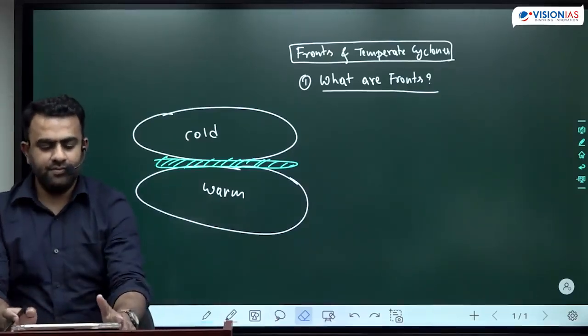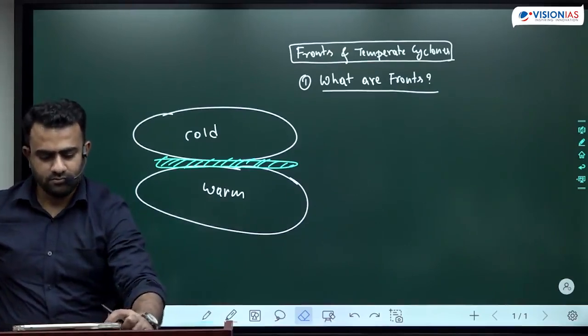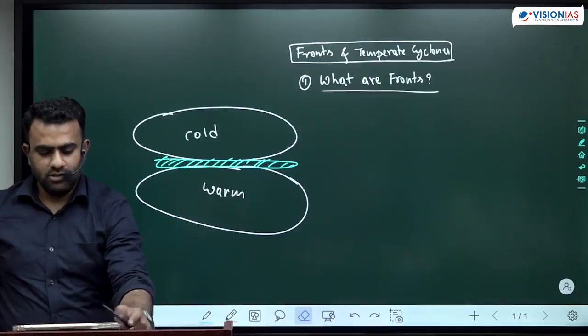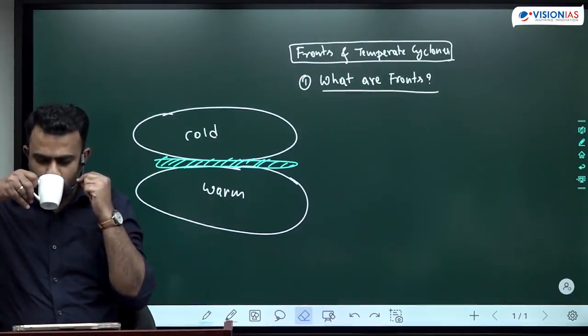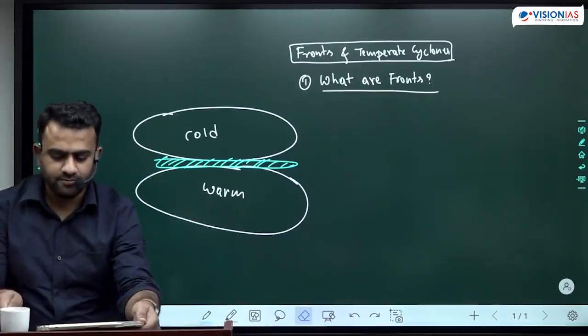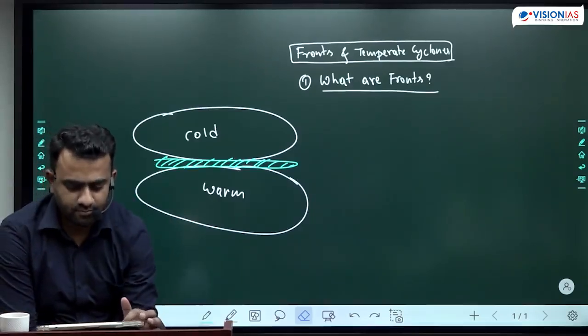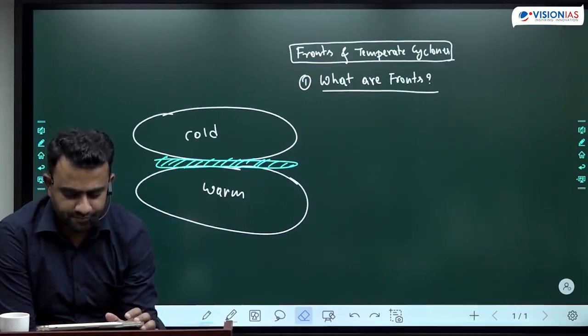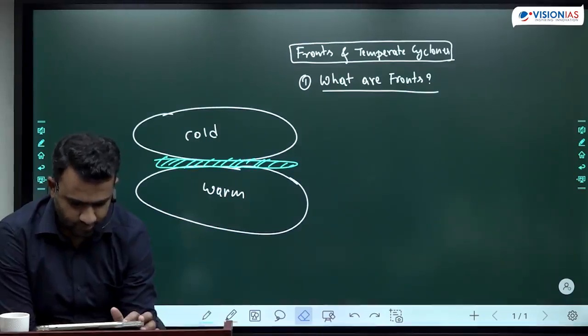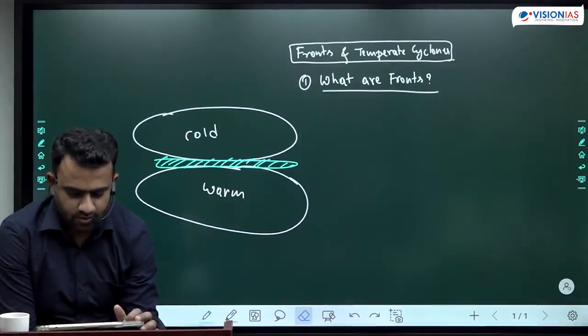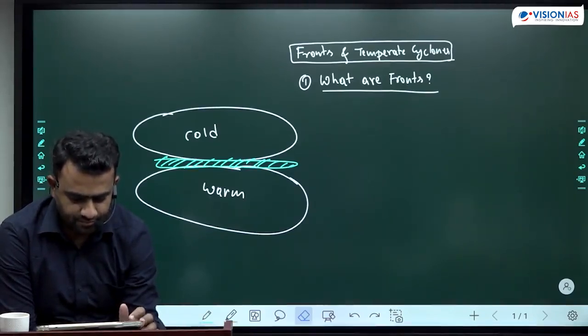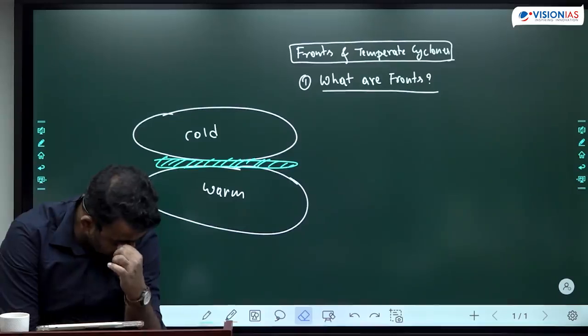Okay, write the definition. A narrow zone of transition separating two different air masses of differing temperature and humidity conditions.